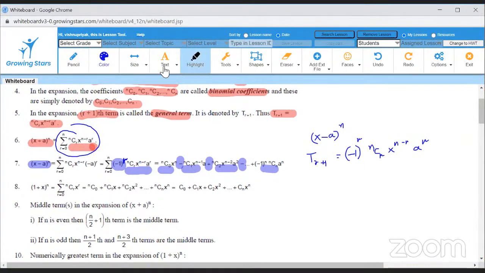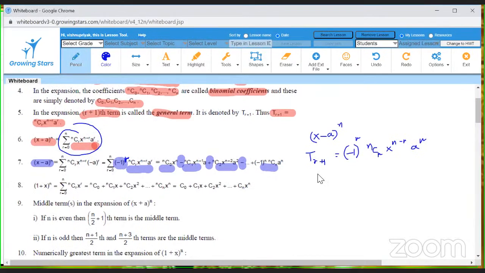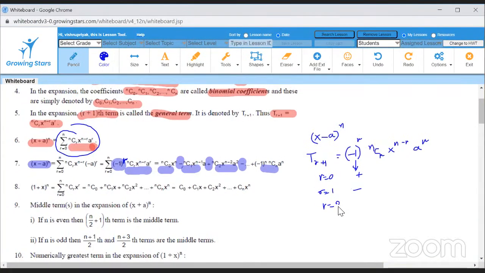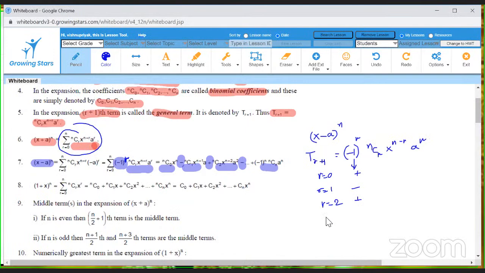Like if r is 0, then this will become plus. If r is 1, minus. r equal to 2, plus. r is 3, minus. Like that, one term will be positive, negative, positive, negative, because of the change in the value of r.